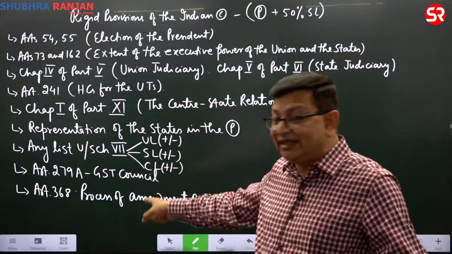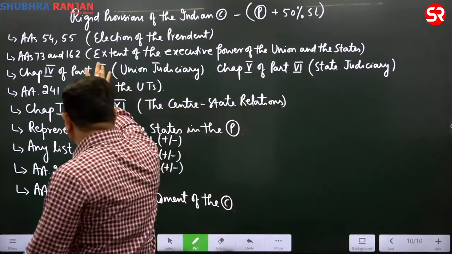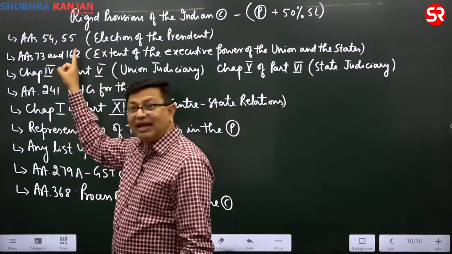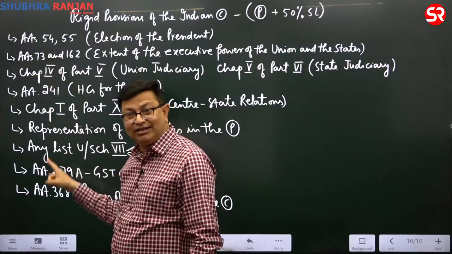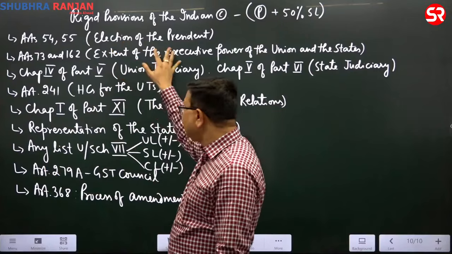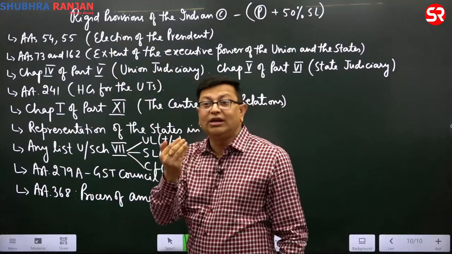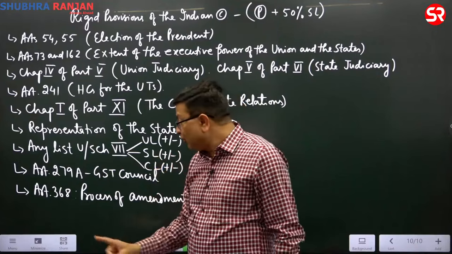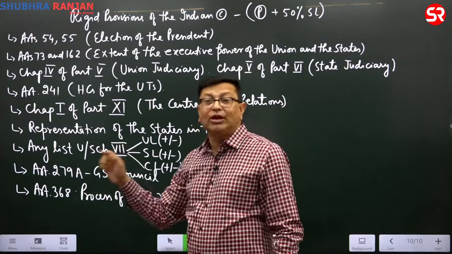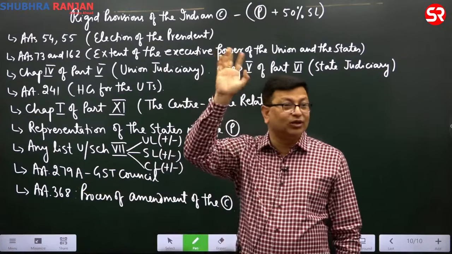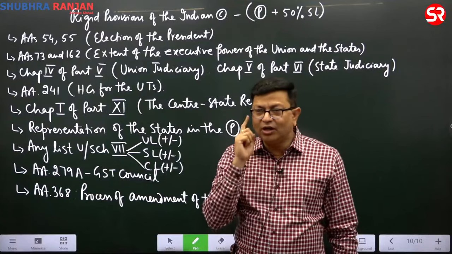The list is there in Article 368. No doubt the explanation part is not there. Only articles have been written down, Article 54, 55, like this, in the parts. The explanation I have written for your understanding. So Article 368 has included itself in the list, saying I am also rigid. Why? What can be the logic? Kyun?